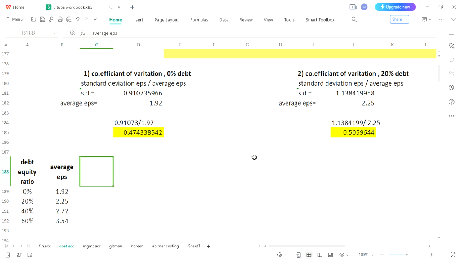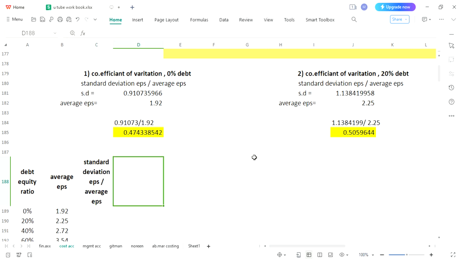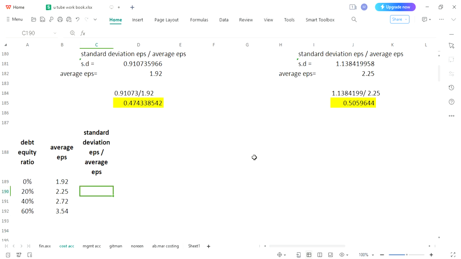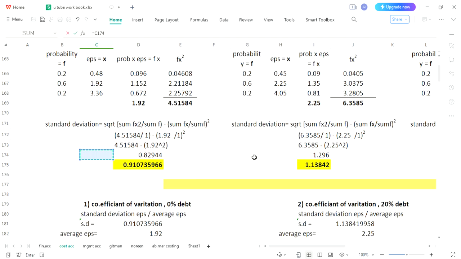Now we will see how much standard deviation was calculated. Formula, okay, let it be written, it's useful for you as well. Standard deviation when debt equity was 0.